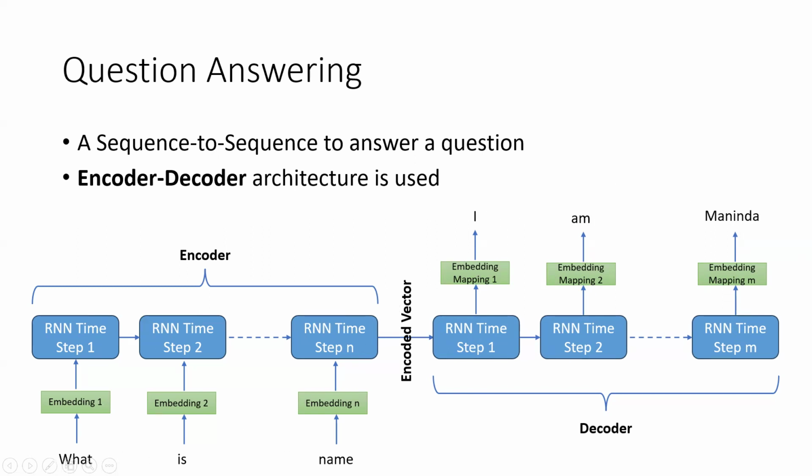Here, because it is English to English, both are trained with the same word embeddings. The difference is that this one is trained for asking questions and giving answers. You may think this is not possible, and it sounds kind of funny, because answering a question is a very complex thing.